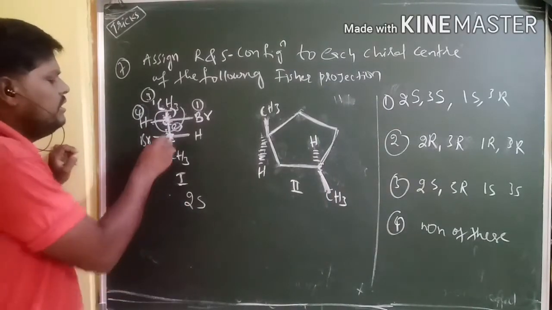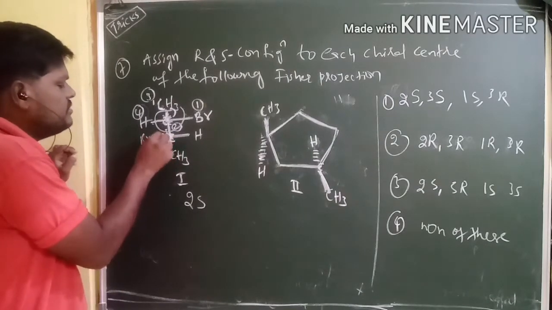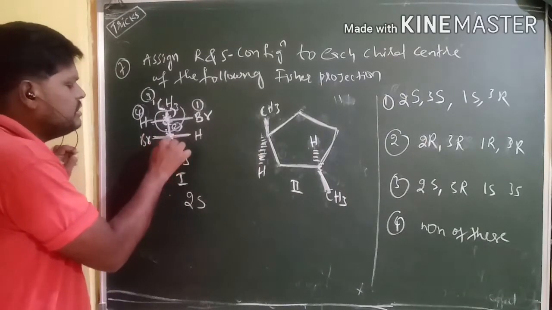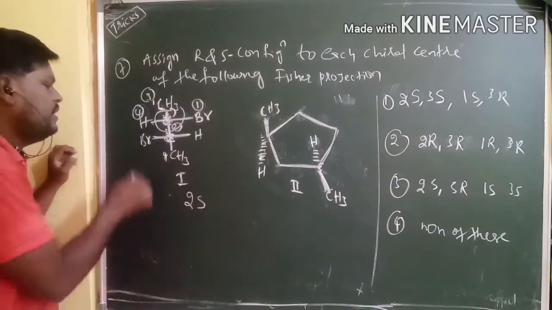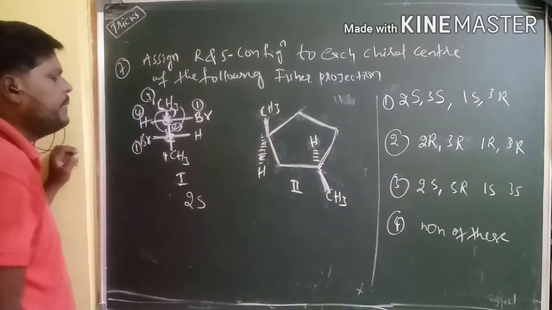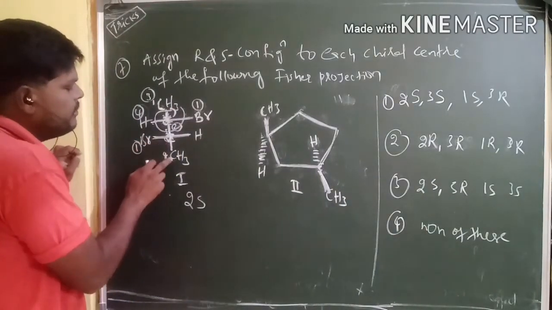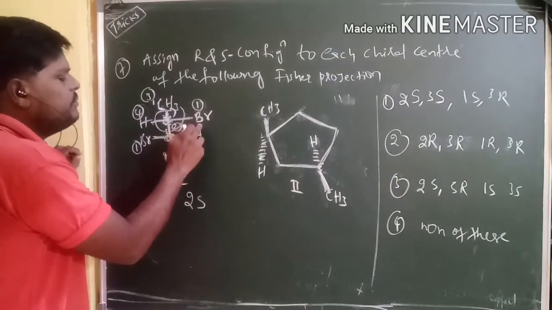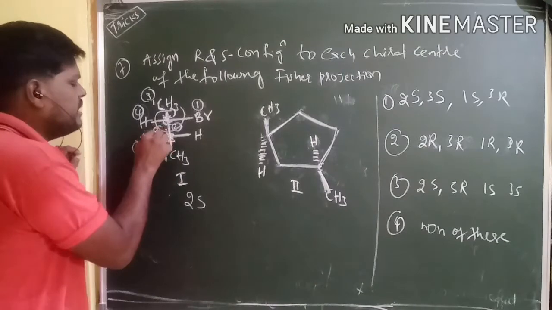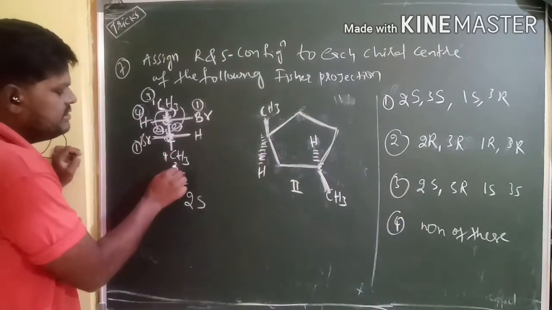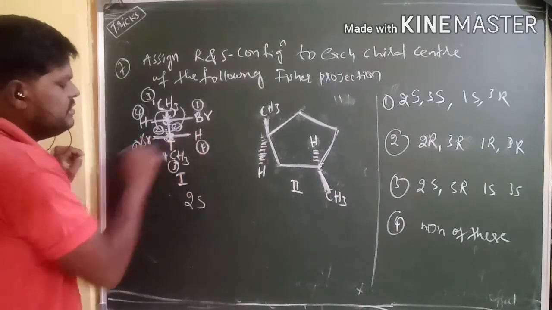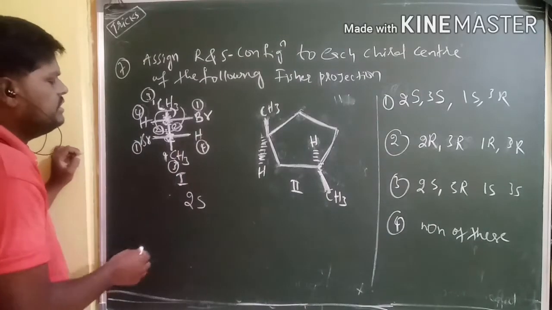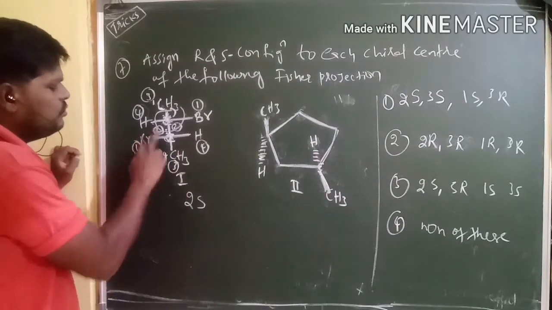And the third one: here also this carbon is attached to bromine, hydrogen, carbon, and again carbon. Of course, bromine is the first priority, and here carbon and carbon. Here the second one is the second highest priority, bromine. That's why this is the second priority, this is the third priority, and this is the least priority here. What is the direction here? 1, 2, 3.